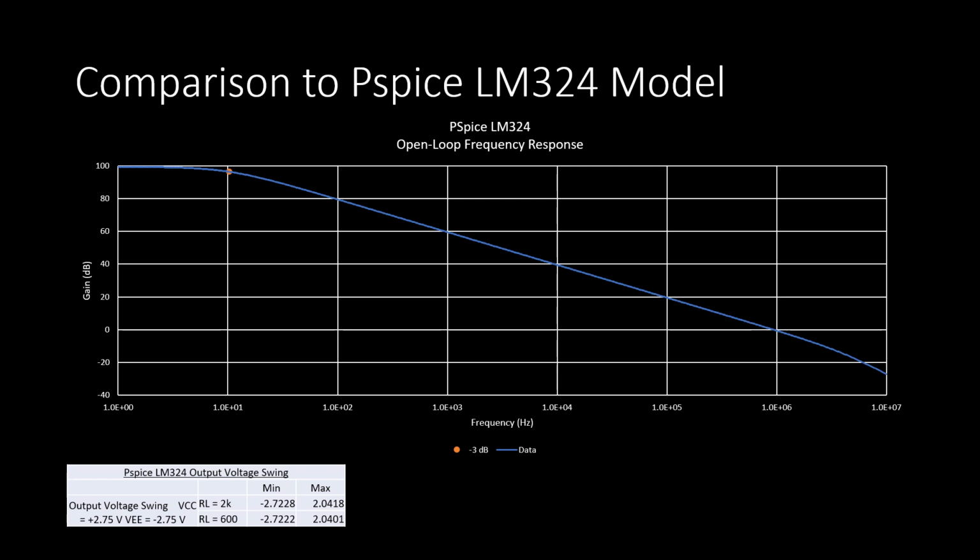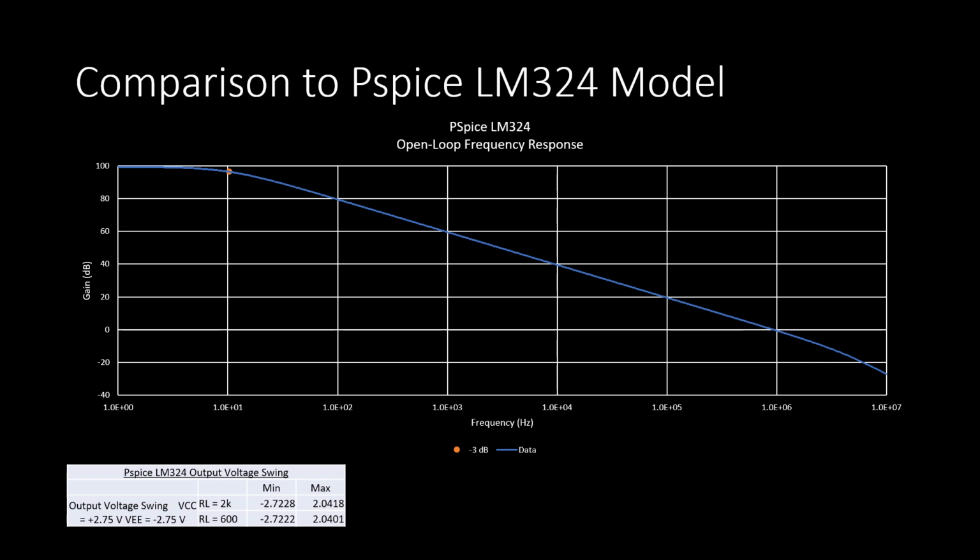We hit the 3 dB point at about 10 hertz this time. This led to a gain bandwidth product that was much less than was found before. This was about 1 megahertz gain bandwidth product, whereas before in the simulated version that I created, it had a gain bandwidth product of about 2 megahertz.